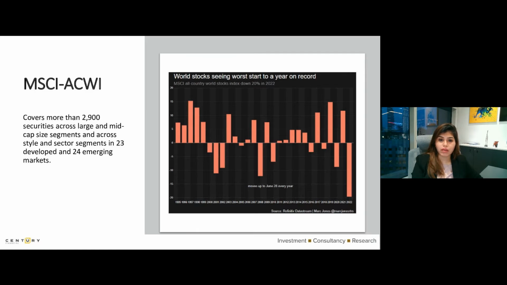We've been seeing a massive correction, and there has not been any such correction in 2 decades. Even for Wall Street, when it comes to US indices, this was one of the worst years seen.